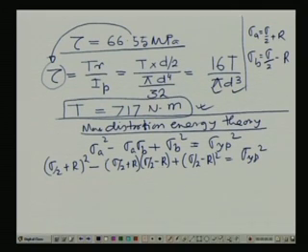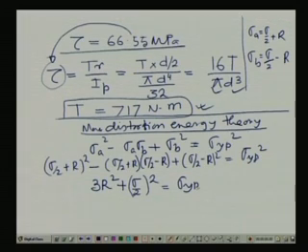If we consider this expression, then we get 3R square, this cancels, plus (sigma by 2) whole squared equals sigma yield point square.